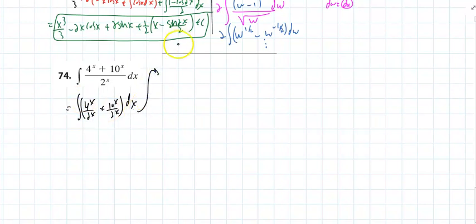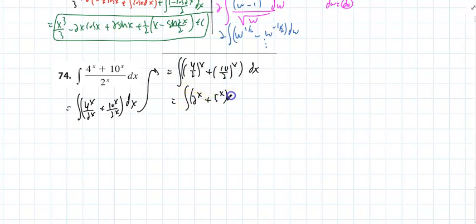Actually, I'm going to wrap it up with this because I'm already at 11 minutes. That is 4 over 2 to the x plus 10 over 2 to the x dx. That is the integral of 2 to the x plus 5 to the x dx. And that is, you take a derivative, you multiply by natural log of 2. You take an antiderivative, you divide by natural log of 2.